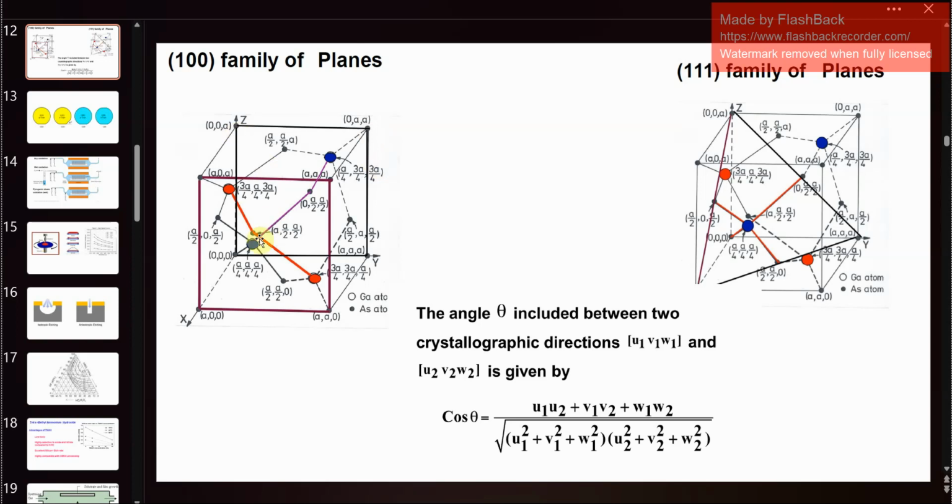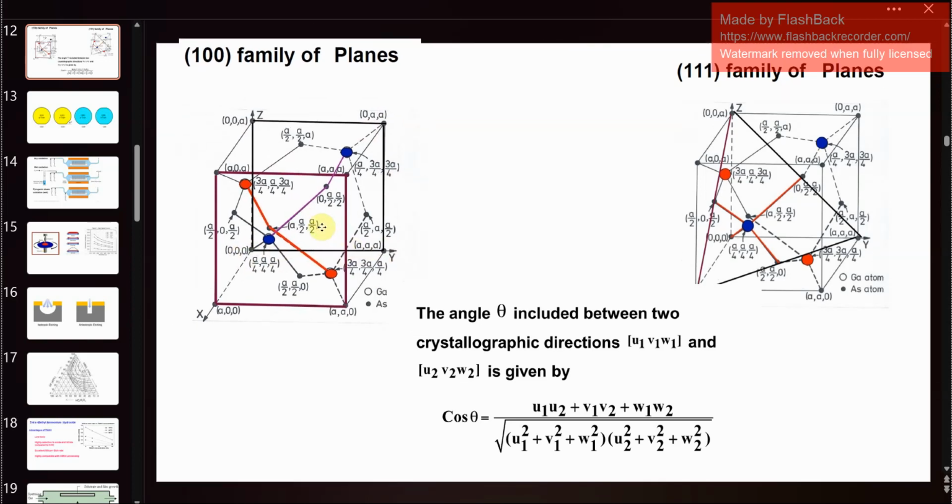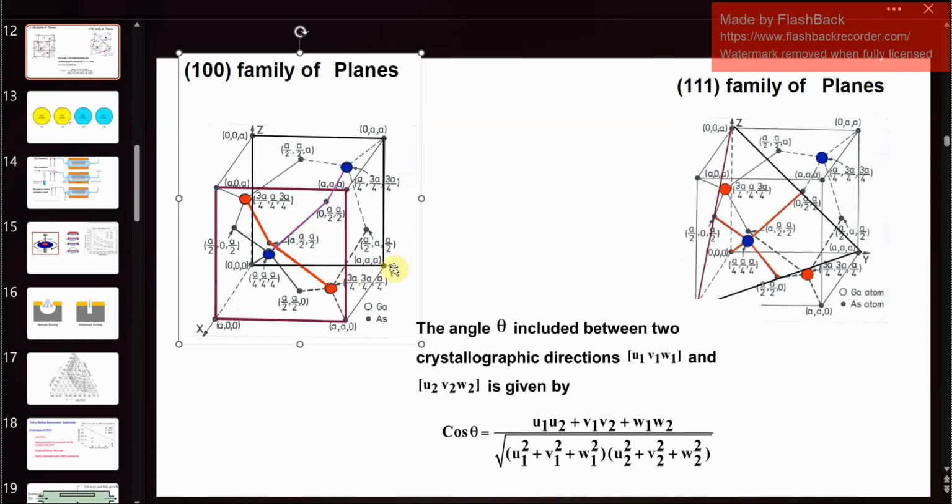For this to reach this point, you don't have to travel anywhere in the x direction; you only travel one in the y direction and one in the z direction. So this is 0 1 1.